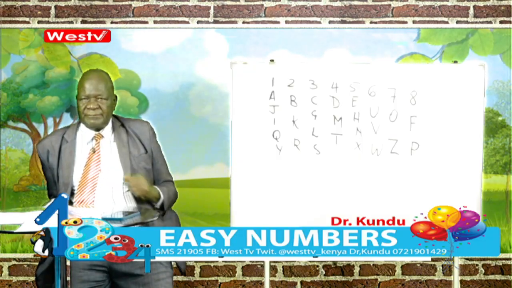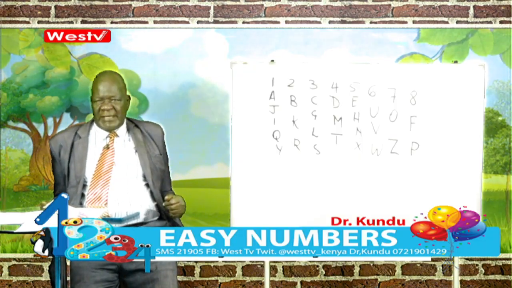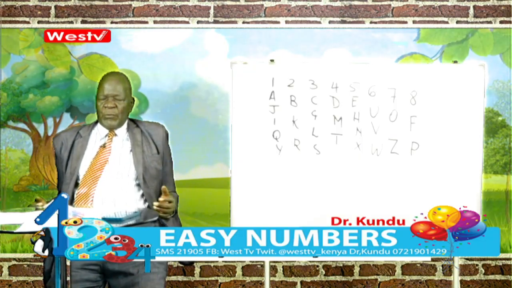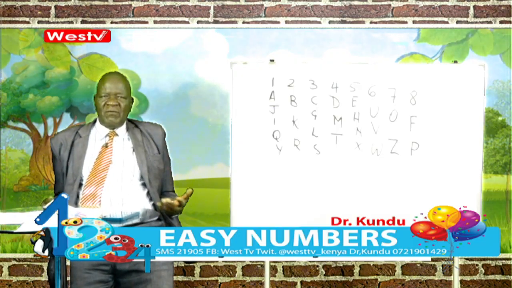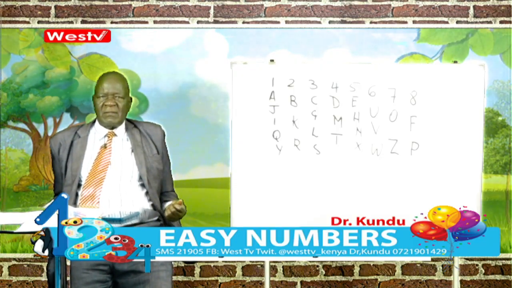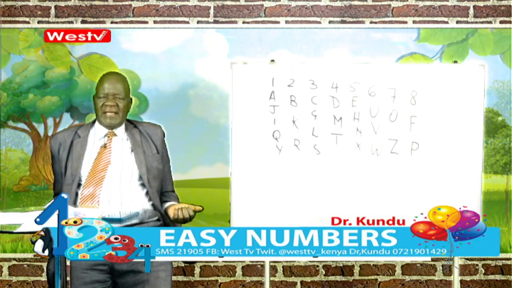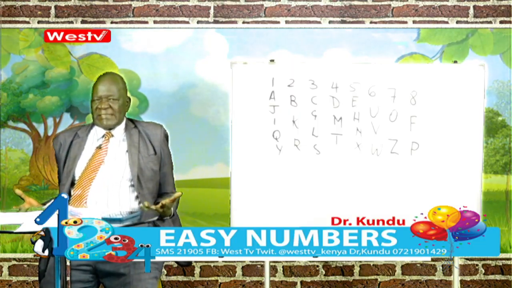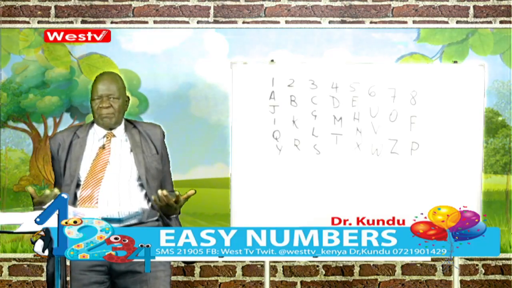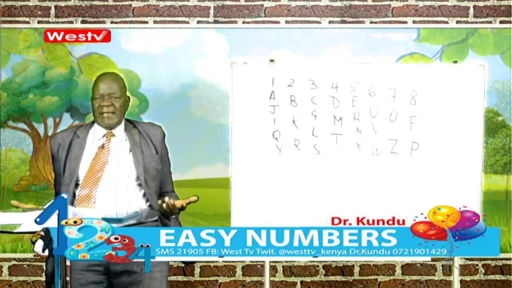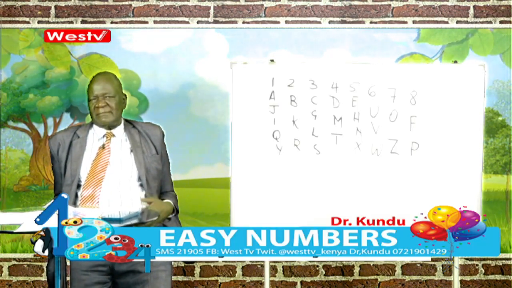And here I show you today how you can calculate a name for your child, a name for your business, a name for your matatu, a name for your bus transport, a name for anything.